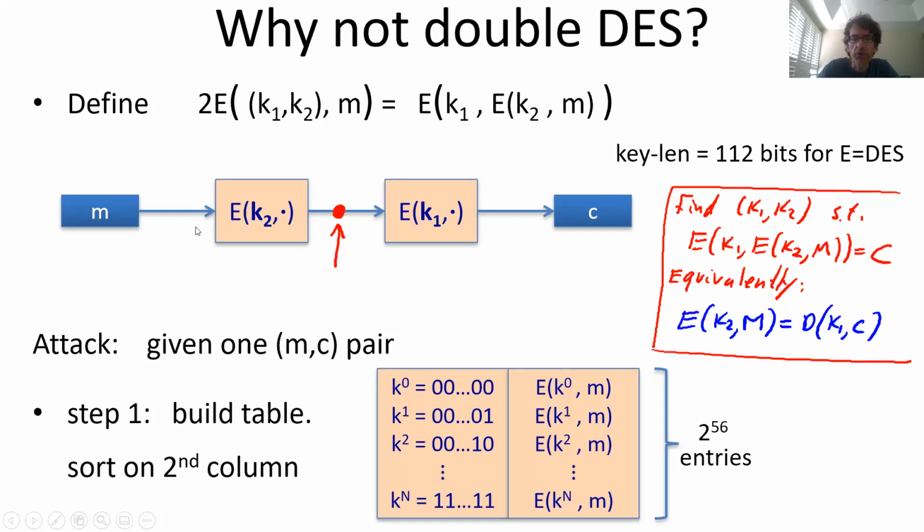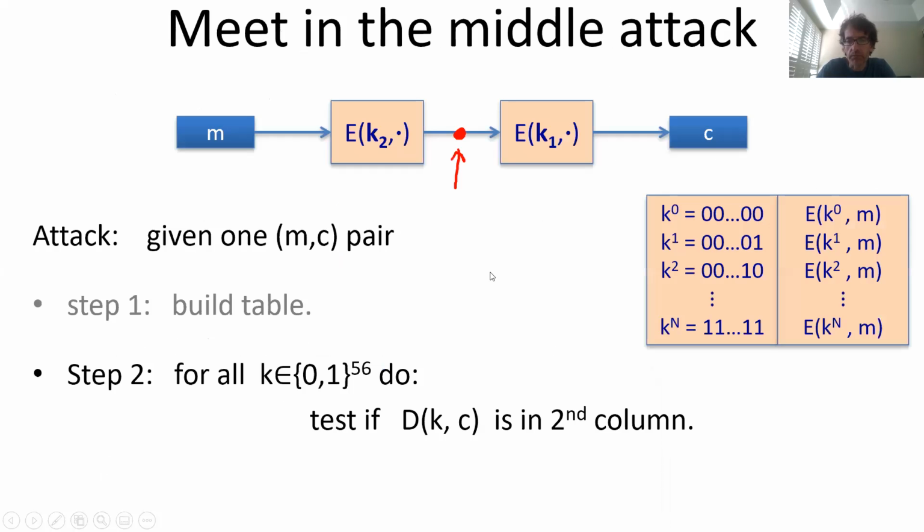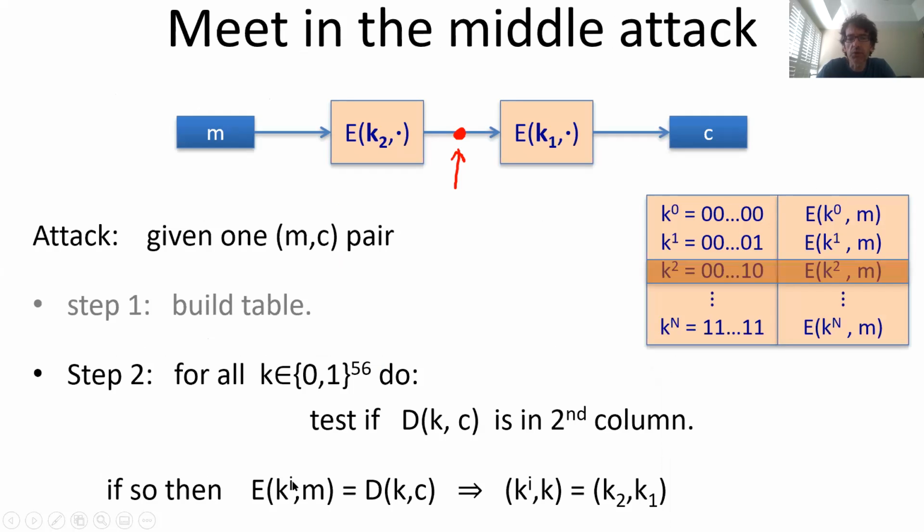Let's say you build a table of possible red dots that has 2 to the 56 entries for 2 to the 56 possibilities of K2. So you encrypt, these are all the possibilities for this wire, for the 2 to the 56 possibilities of K2. And then you have this table, and you recurse on all K1 possibilities.